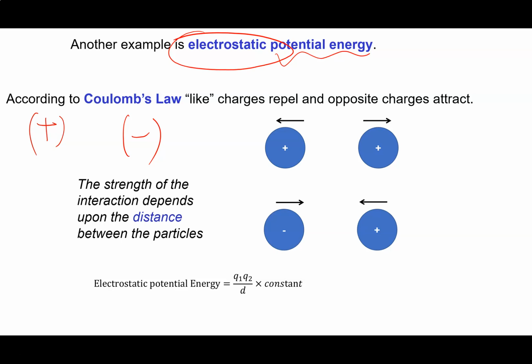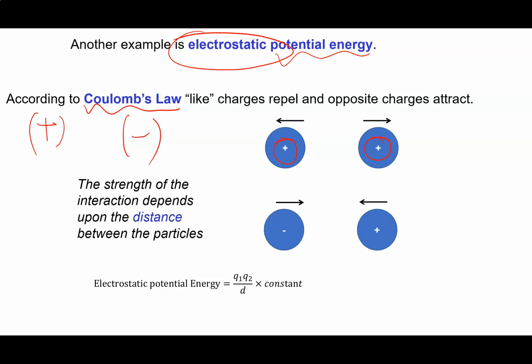In particular, as described by this thing called Coulomb's law, the closer particles are to one another, the stronger this interaction. So electrostatic potential energy increases as the particles get closer to one another and decreases as they get further away. Another important property of particles that have electrical charge is that particles that have the same electrical charge will repel one another.